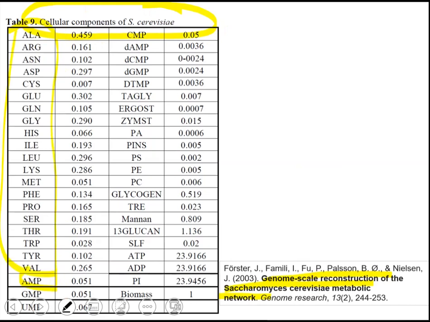Here you see the building blocks for RNA, AMP, GMP, etc. And here you see building blocks for DNA. Here you see the building blocks for lipids, building blocks for carbohydrates, and energy to make biomass.